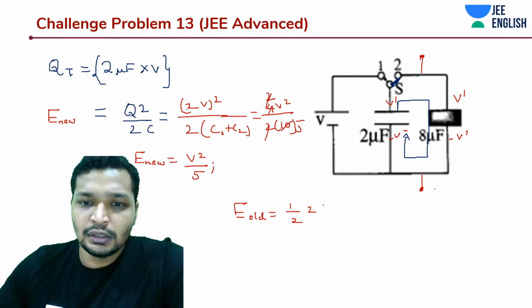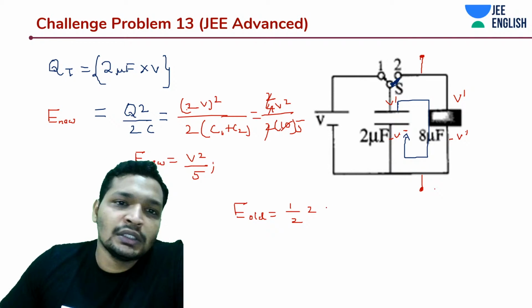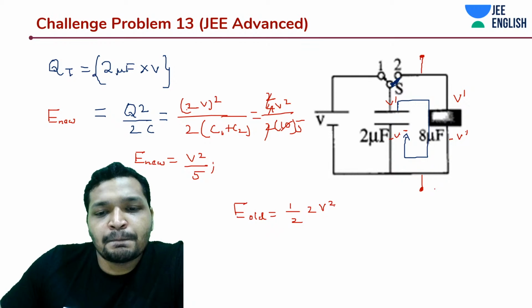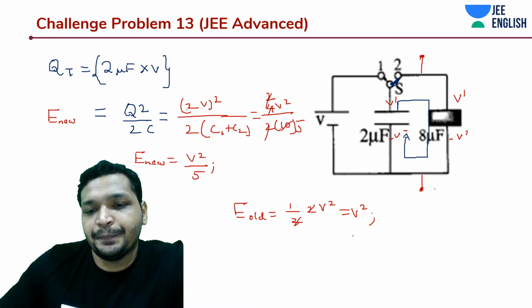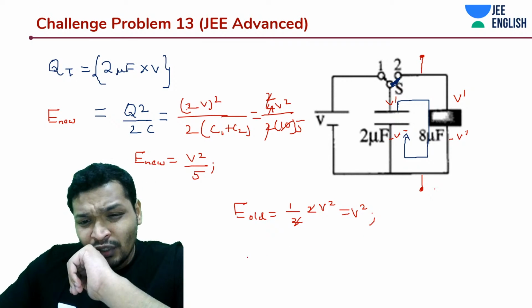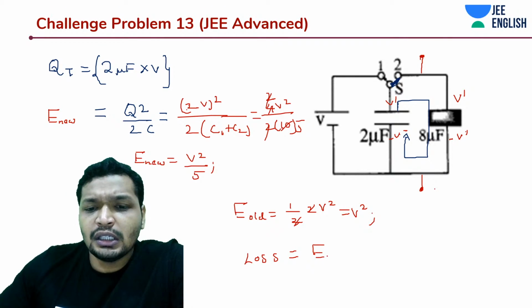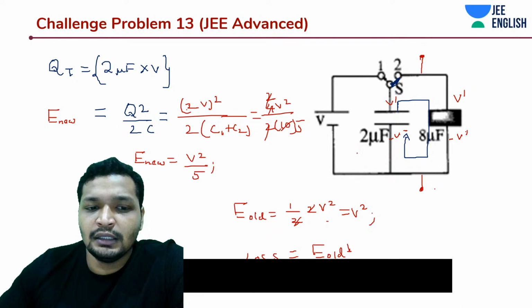How much is this? CV square, Q square by 2C. Does not matter if I take half CV square. Okay. This is old calculation, right? That's correct. This is E old, and the loss is equal to E old minus E new. Yes. Okay, there we just kept the half just like that.